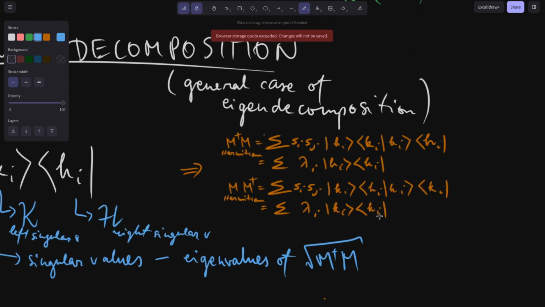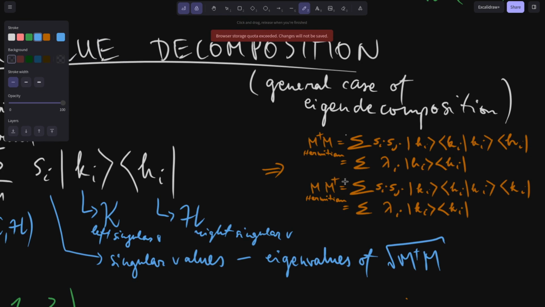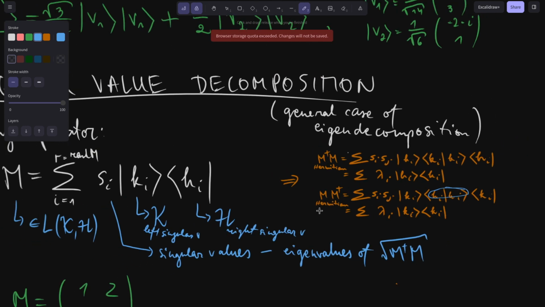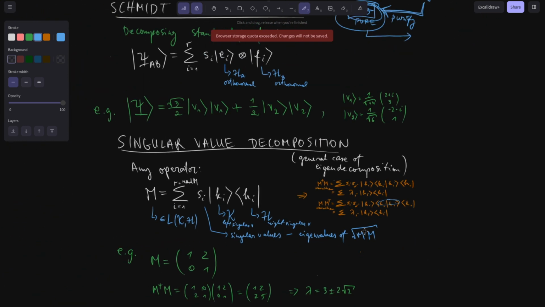So we just artificially make a Hermitian by multiplying with its Hermitian conjugate, right? We have a matrix and its Hermitian conjugate, multiply them, and we get a Hermitian matrix. So it can be expanded with eigendecomposition, and then we can insert this thing and again separate those two things.